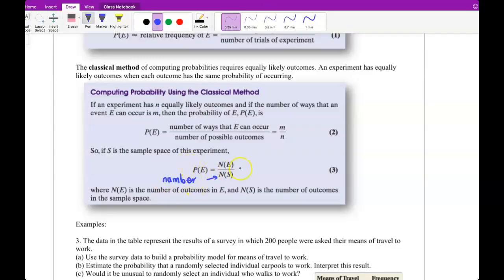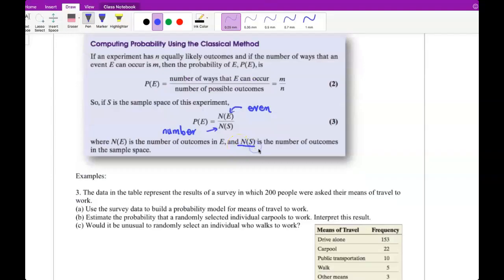This is P for probability, and here is the event. So this is the number of outcomes in the sample space. I don't want to write outcome here, so you may think of it as the number of outcomes inside that sample space.